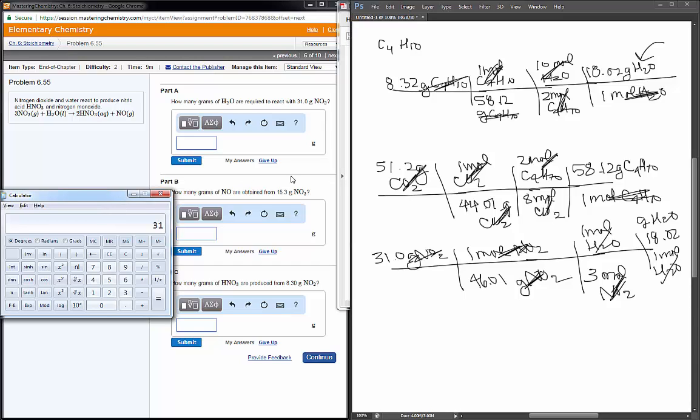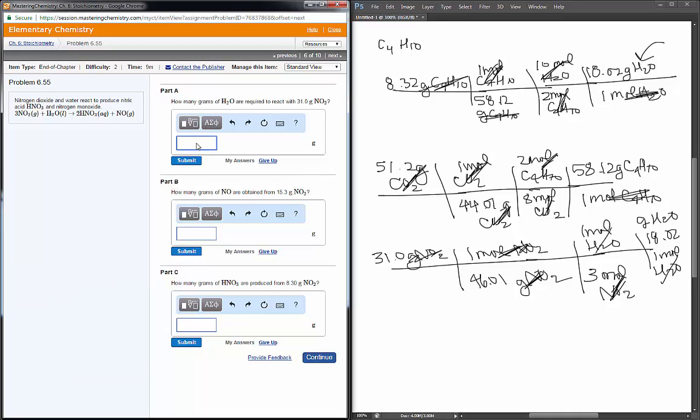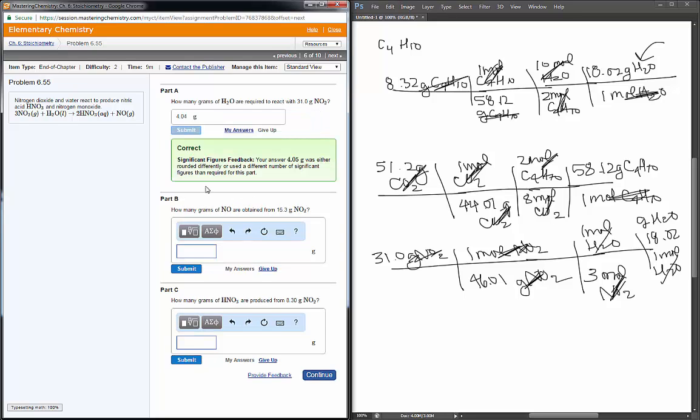So 31 grams of NO2 divided by 46.01 grams of NO2 in a mole, divided by 3 moles of NO2 in a mole of water, and multiply that by 18.02 grams of water in a mole of water, and we get 4.05 grams of water.